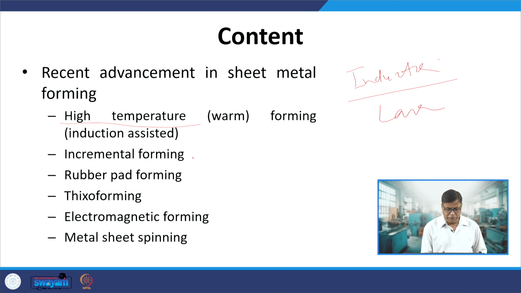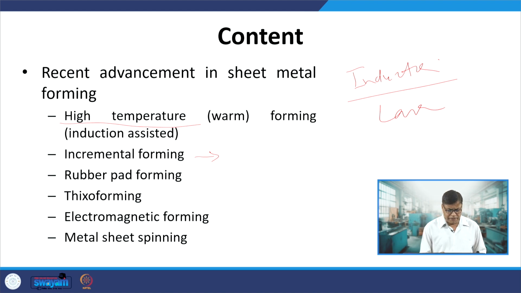Incremental forming is a really recent development where prototypes or relatively complex shape products are made using sheet metals without using a typical punch. This is an incremental, stepwise, controlled plastic deformation carried out with the help of a rounded tipped tool, and the tool movement is controlled using a suitable robotic system or NC machines.